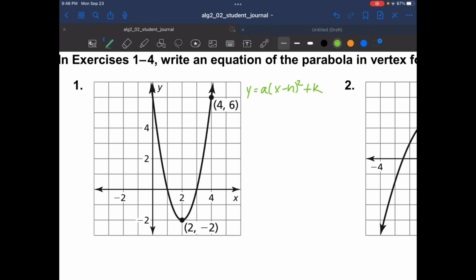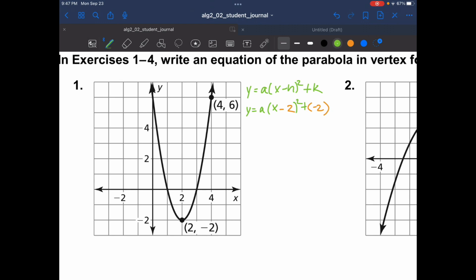And the first thing that we're going to go ahead and plug in is our h and our k. So this is y equals a x minus 2, because this is this part here, squared plus negative 2.